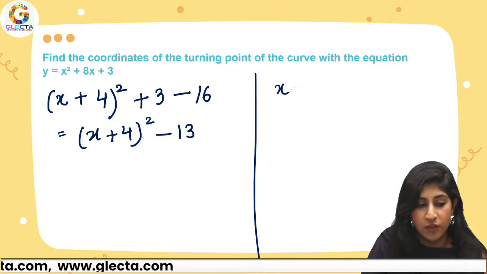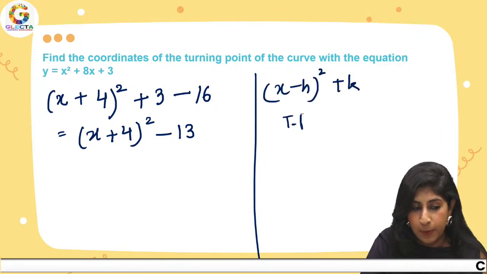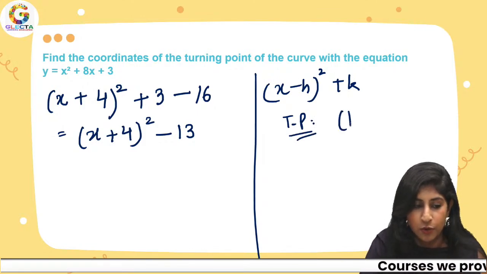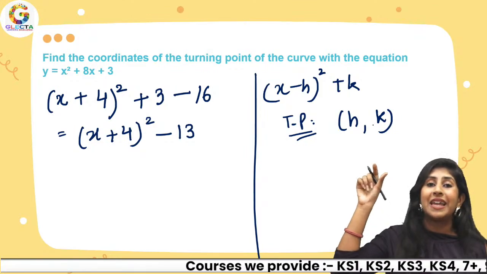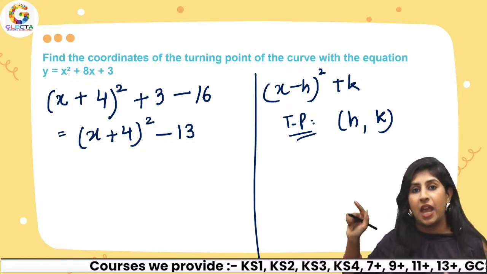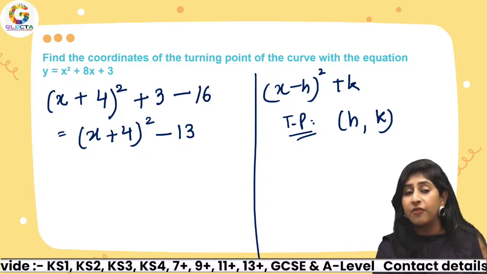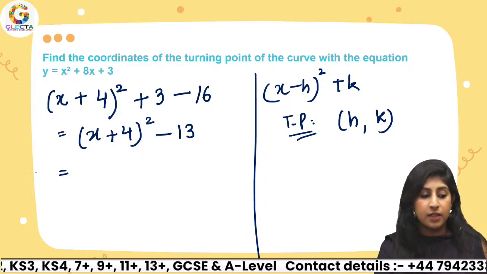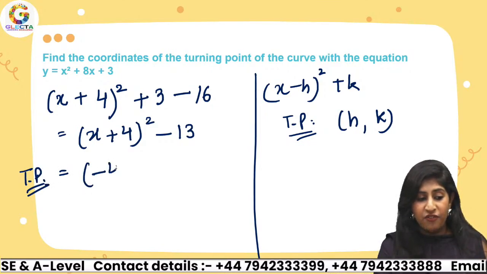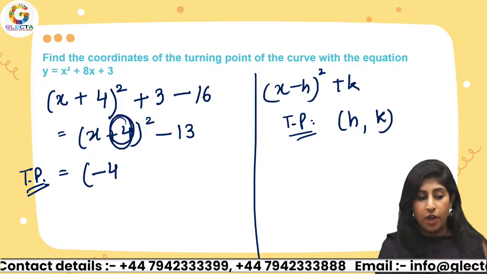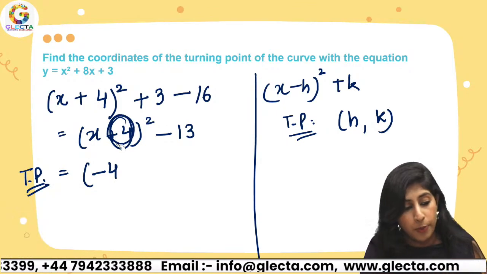Now as I told you, if it is (x minus h) whole square plus k, your TP, that is the turning point, sounds more cool, comes out to be (h, k). When the sign is negative inside, then h comes out to be positive. So over here, if I already have a positive sign, I would say that the turning point is -4, whatever sign is over here, I'm going to take the opposite of that.